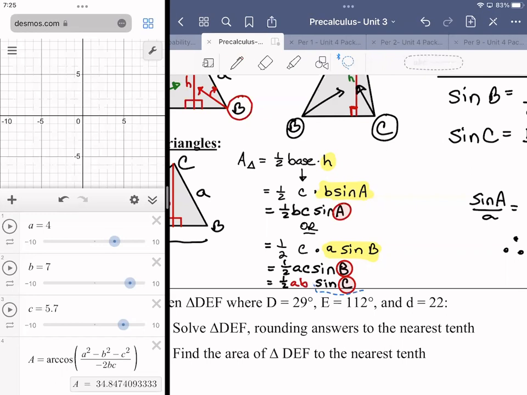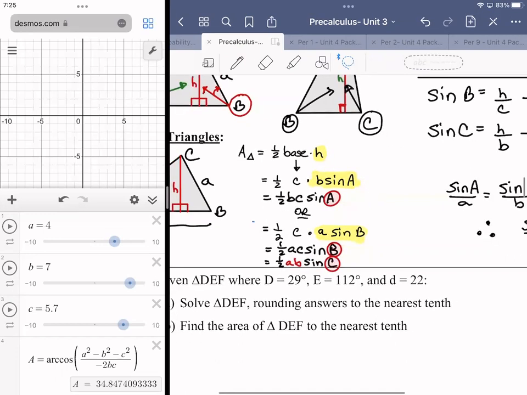So what we now have are three distinct rules that would help us determine the area of a triangle, even if that triangle has an unknown height. So I don't know the height of the triangle. If I know two sides and an angle, as it turns out, the two sides and the angle in between those two sides, then I would be able to figure out the area.